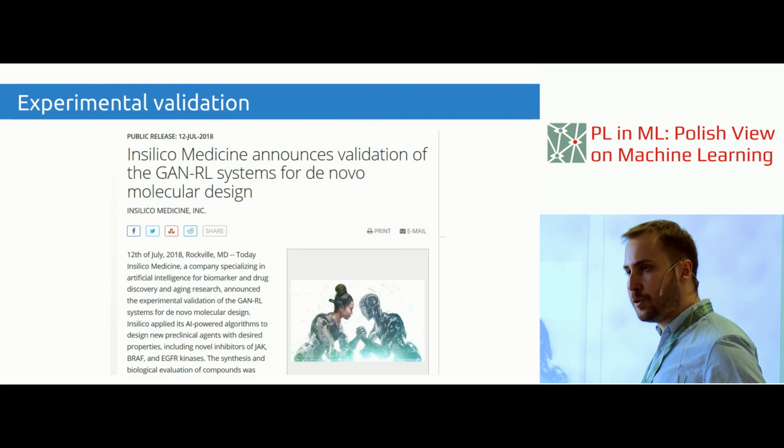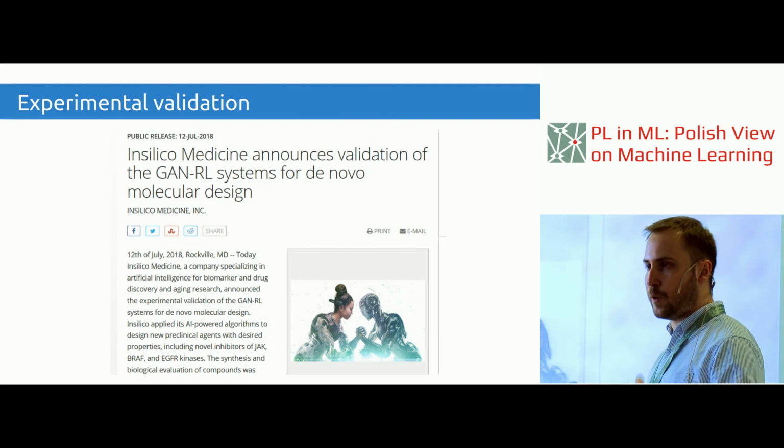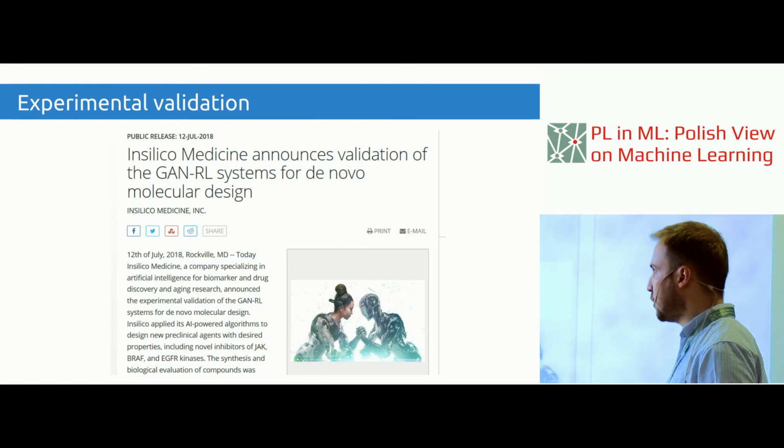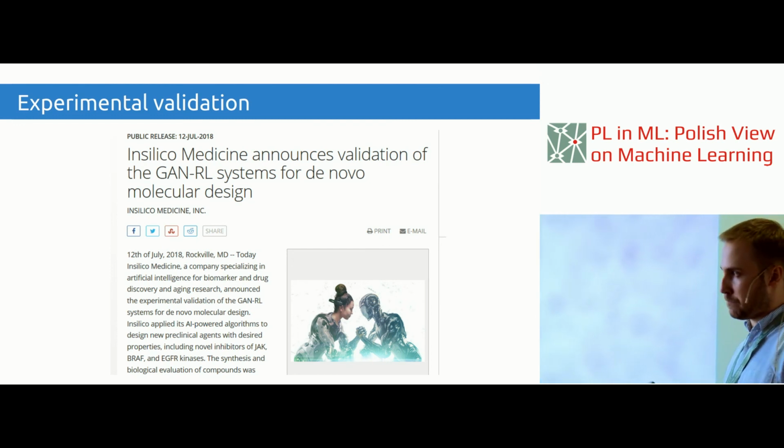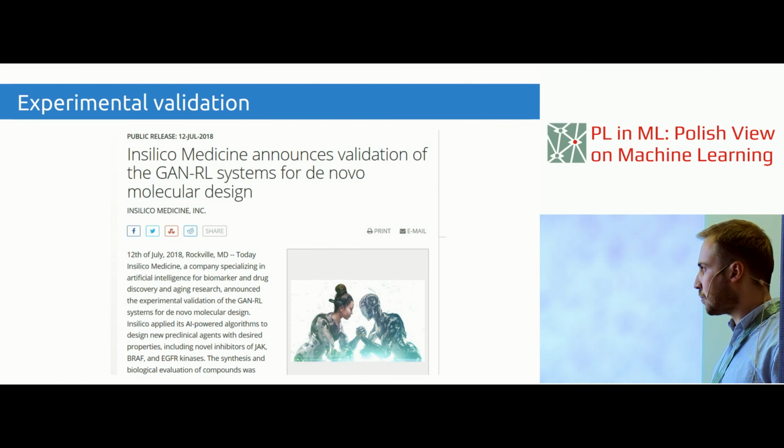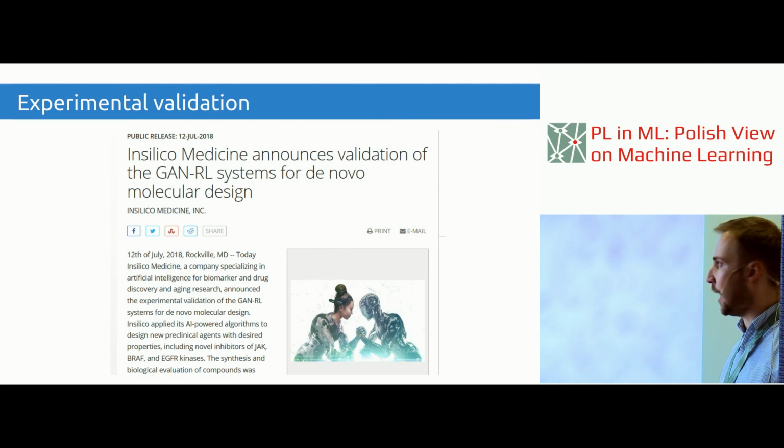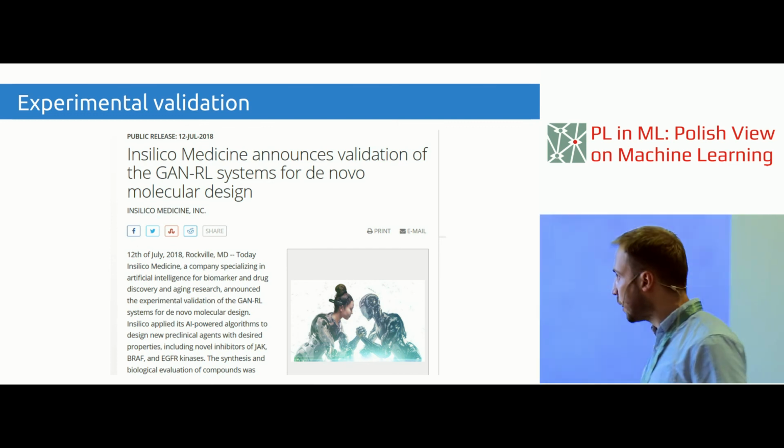And they proved that they actually were active against a group of specific targets. So this shows that this is a really nice direction of research, and that maybe in a few years from now, these methods will become mature and widely used. Thank you.